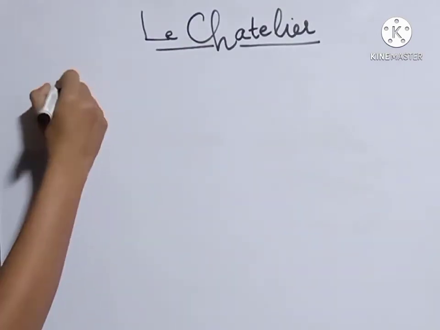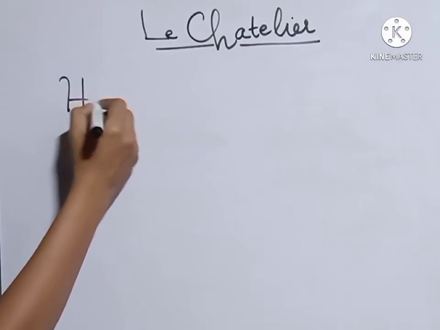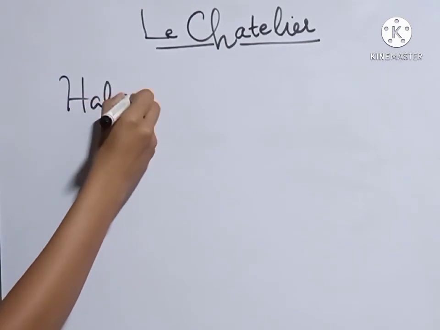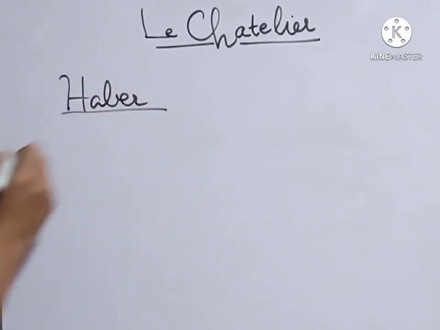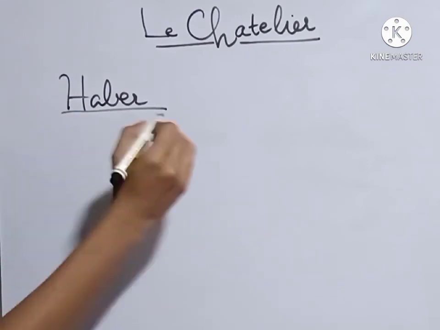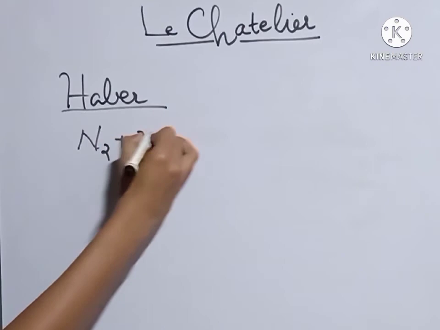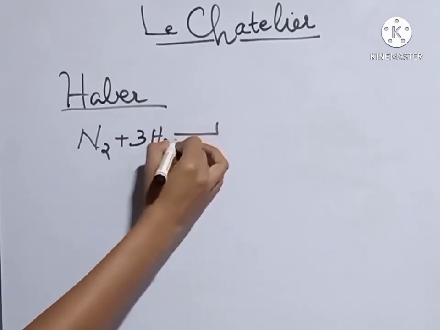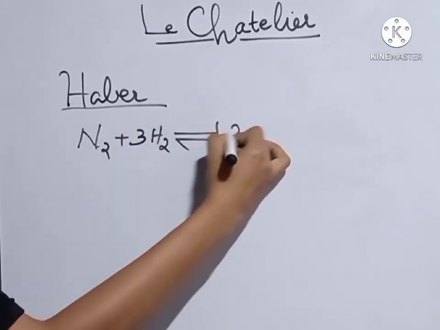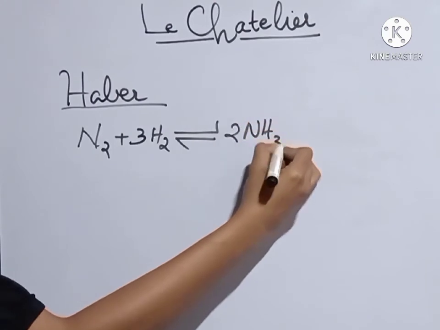For example, if we talk about the effect of temperature in the Haber process, the equilibrium reaction is N2 plus 3H2 reversibly gives 2NH3.